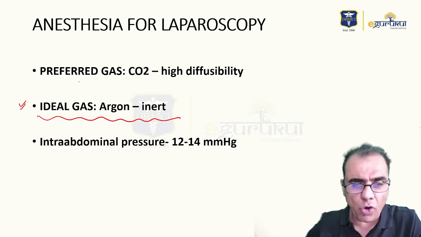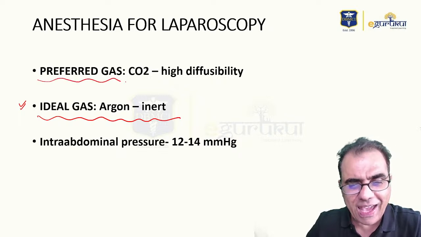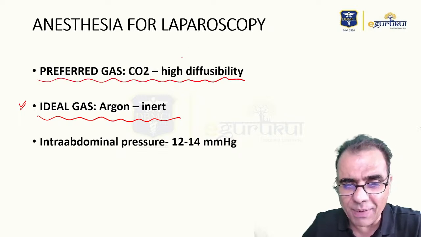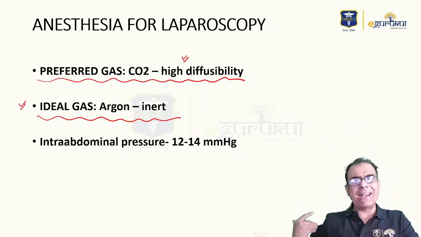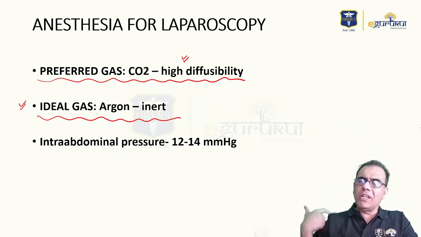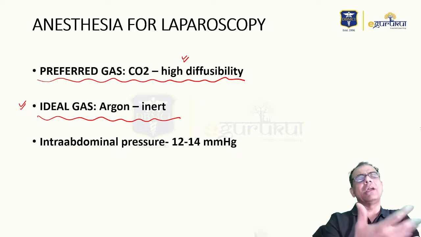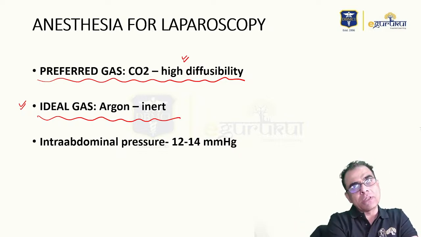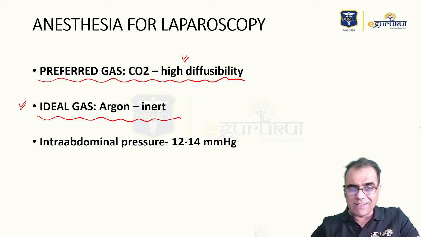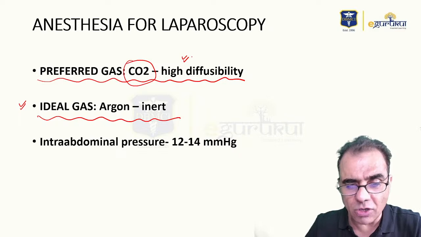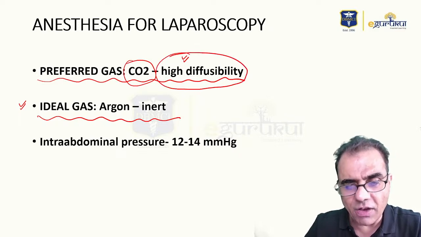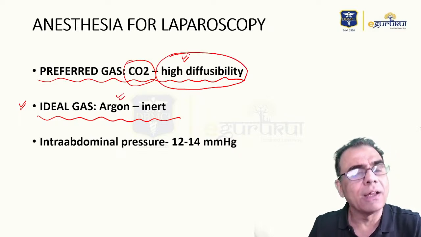So the most preferred gas is carbon dioxide, because carbon dioxide has very high diffusibility. Even if it diffuses and enters, say, the pleural cavity, within 20-30 minutes it is automatically going to get absorbed from the pleural surface. So that is the reason we prefer carbon dioxide over other gases, because of its high diffusibility. However, the ideal gas is argon.